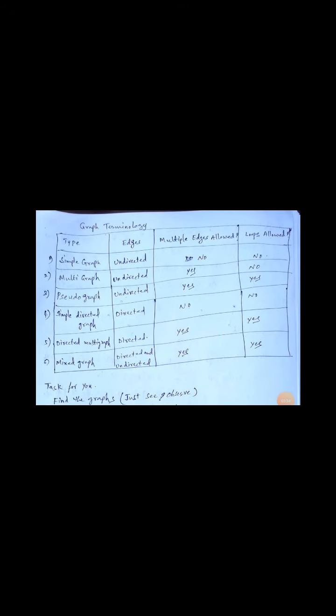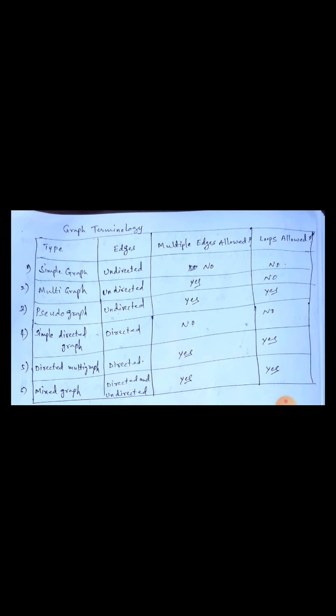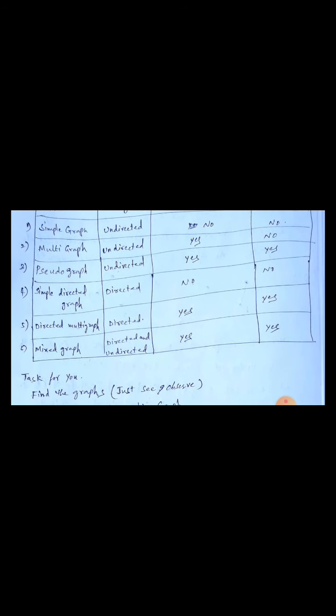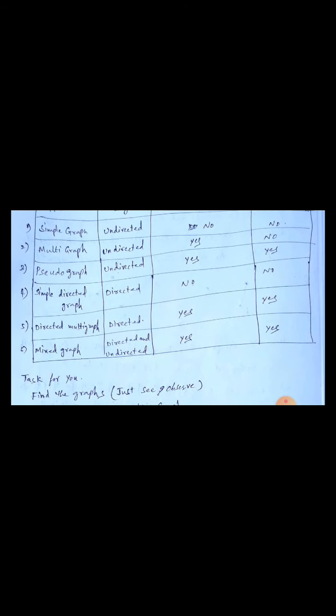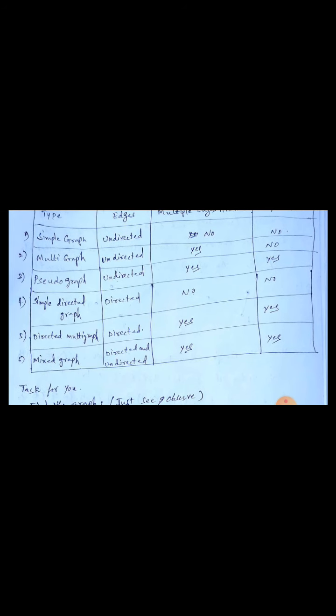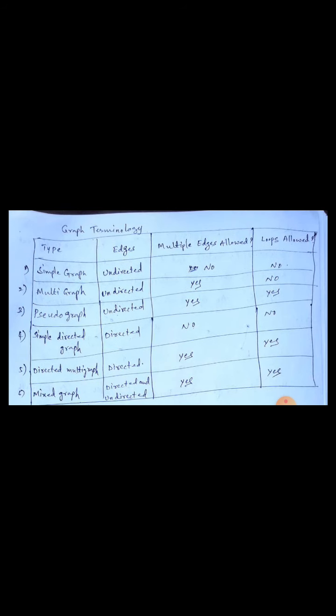Graph terminology: types of graphs are there, and it is given whether edges are undirected or directed, whether multiple edges are allowed or not, and whether loops are allowed. Observe, these are the simple types of graphs. A simple graph is an undirected graph, and multiple edges are not allowed, and loops are also not allowed. A loop is an edge from a vertex to itself.